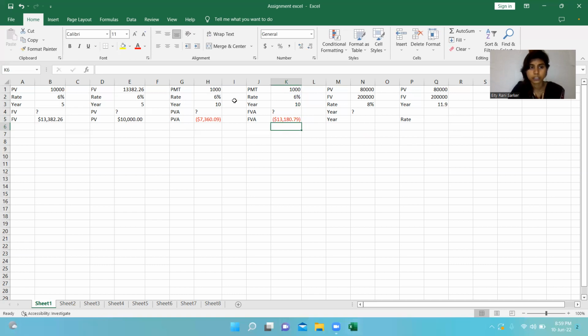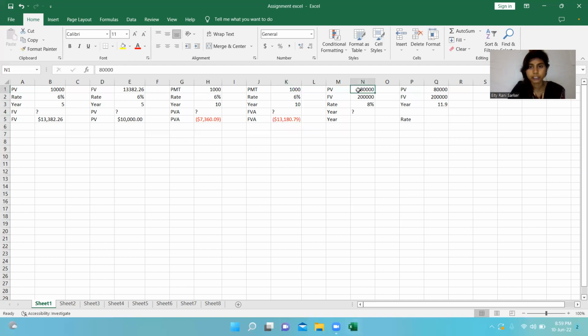Future value of annuity equal 13,180.79.